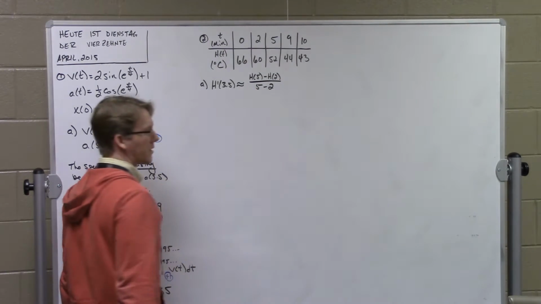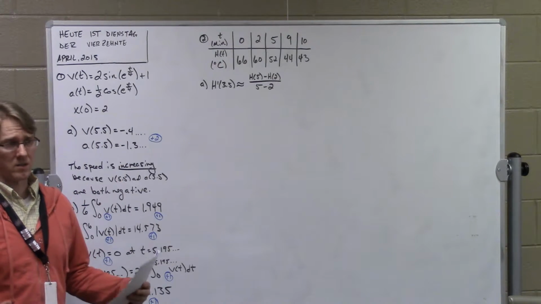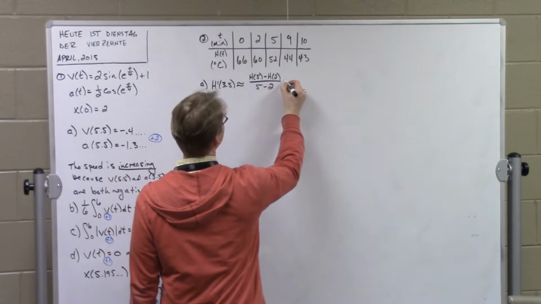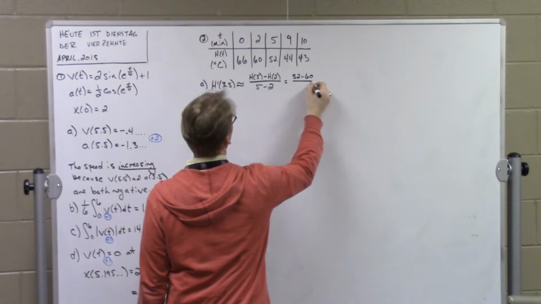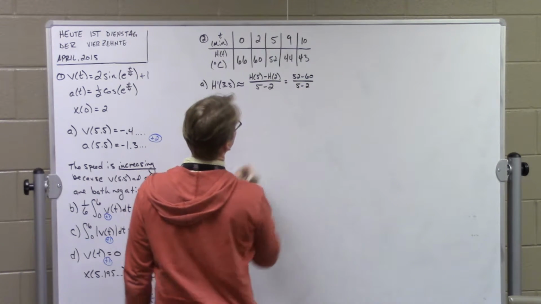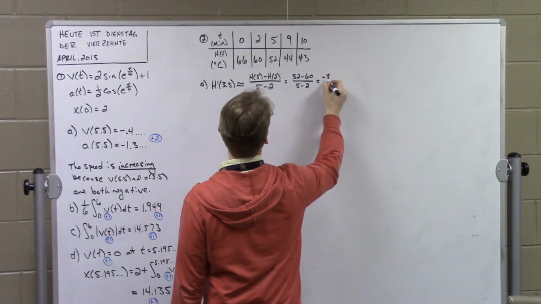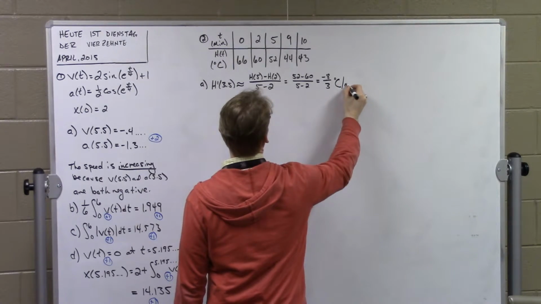And in the event that this question is worth more than 1 point, that might get you the point for saying, look, this is what I'm supposed to do. All right, so we get 52 minus 60 over 5 minus 2 for a grand total of negative 8/3.